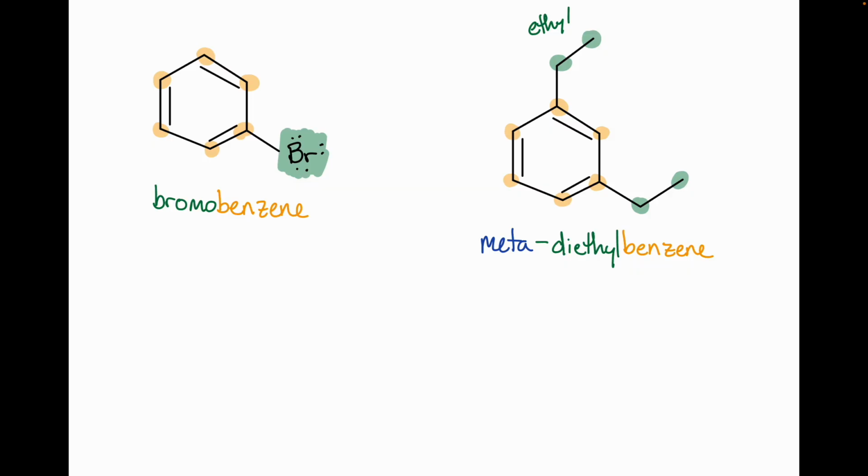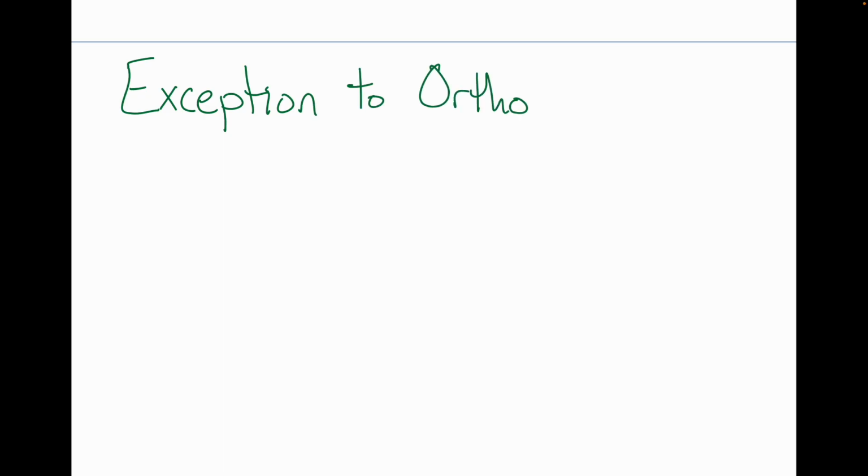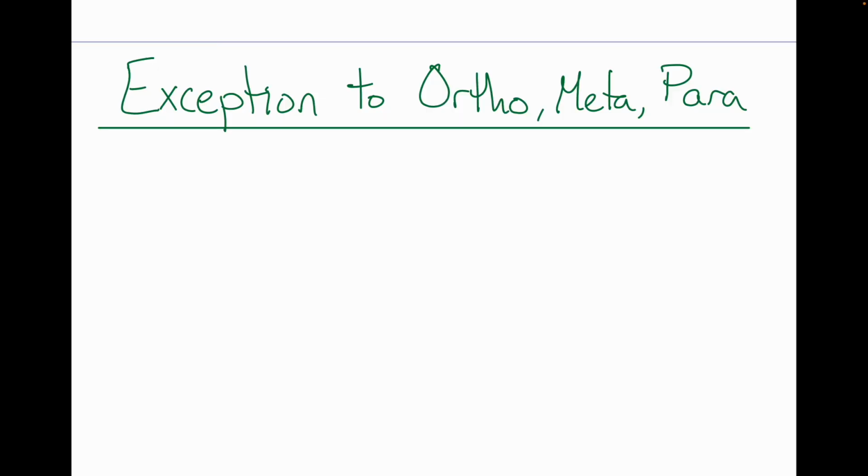There is an exception to, oh look, I don't make the rules for nomenclature here, I'm just relaying messages. But there is an exception to ortho, meta, para. And that is when you have non-identical substituents.